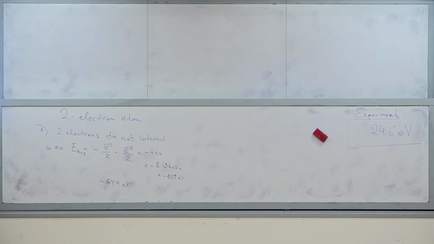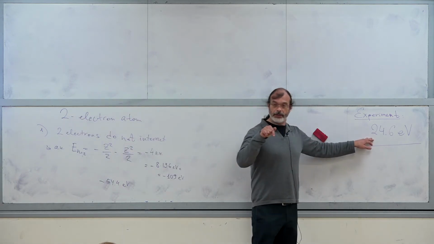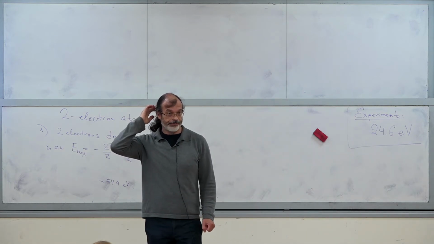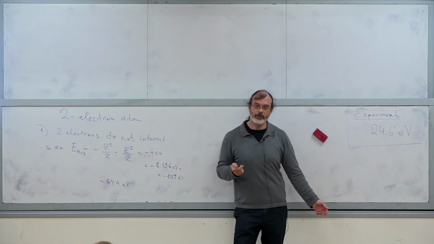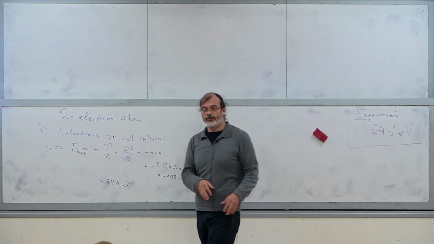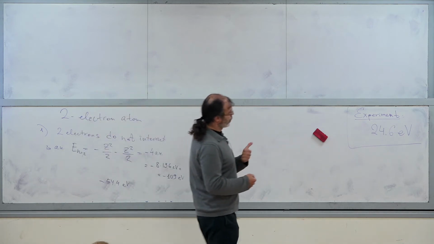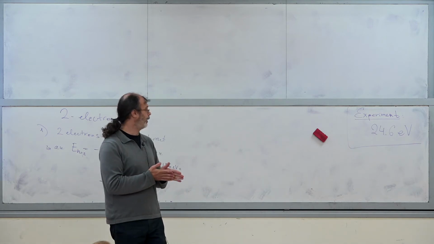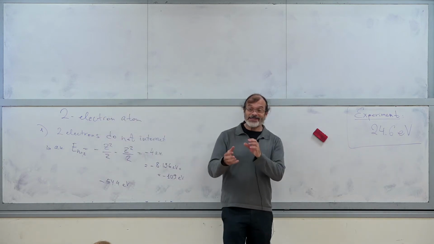By the way, if you look at this experimental value, you immediately recognize that it is deeper than the binding energy of the electron to the proton in the hydrogen atom. In hydrogen atom, the ionization energy is 13.6 electron volt. Here we have an even deeper bound electron. This measurement shows that this is not just a simply bound atom, not an atom that barely exists.